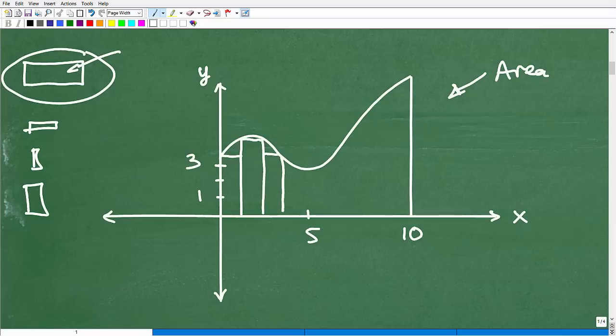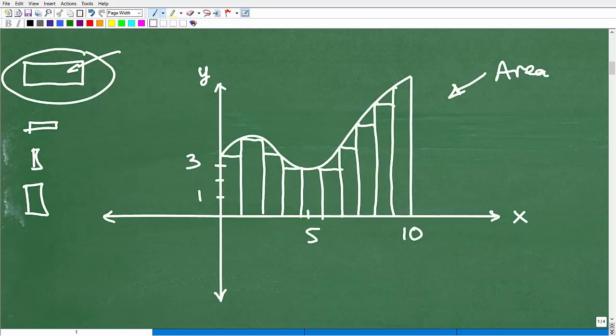So we're going to add up rectangles vertically, for the purposes of calculus. All right, so you can see here, these are all rectangles. Right now, I have information down here. I can get these dimensions, the height and the width.